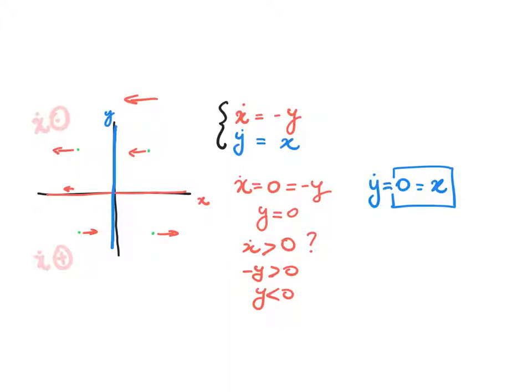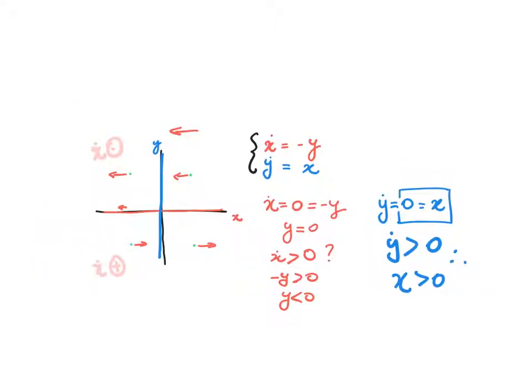The inequality y dot larger than 0 indicates that positive x translates into positive changes of y. And when we draw this conclusion in the flow, we will find that here y dot is positive, and here y dot is negative. And so the y component is positive in this side, and negative in this side.